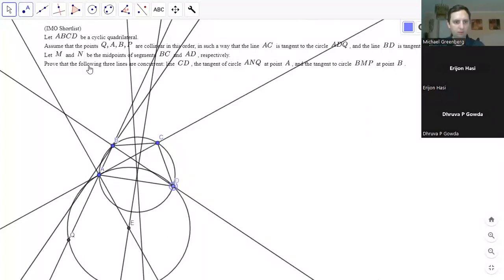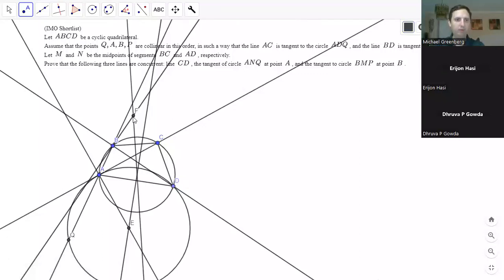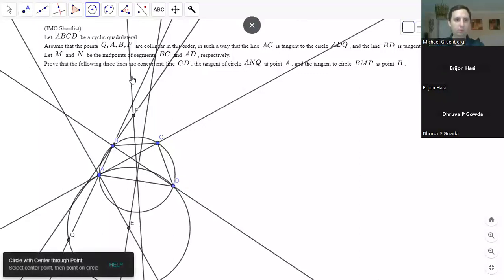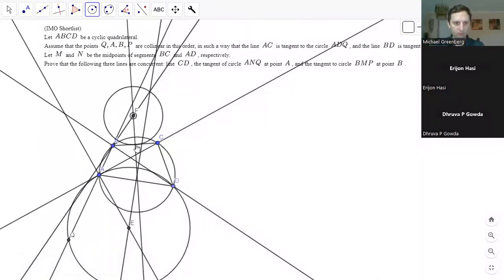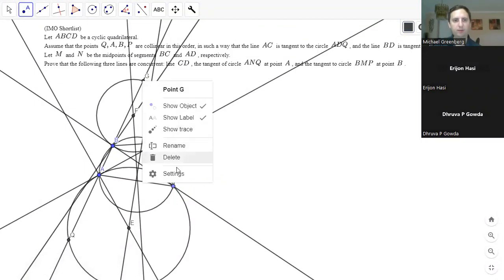Is it this point? I think it is. And then we draw this circle, I think, and we see where it intersects AB. So it should intersect at P, I think.